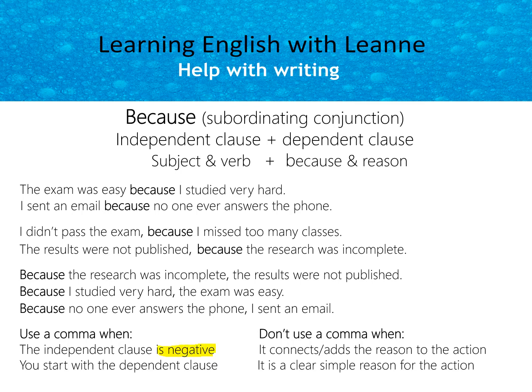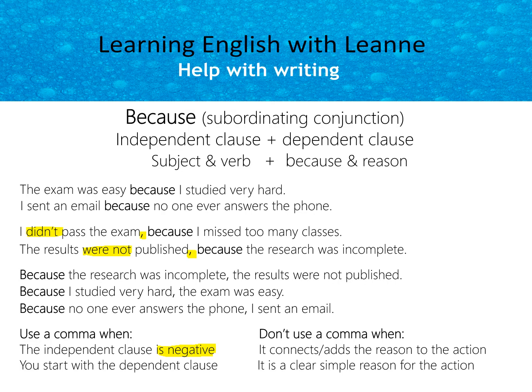Okay, so if we have a look here, our independent clauses are negatives. Didn't pass, were not. So these are negative independents. So we have a comma before our because to connect the two together because it is negative.